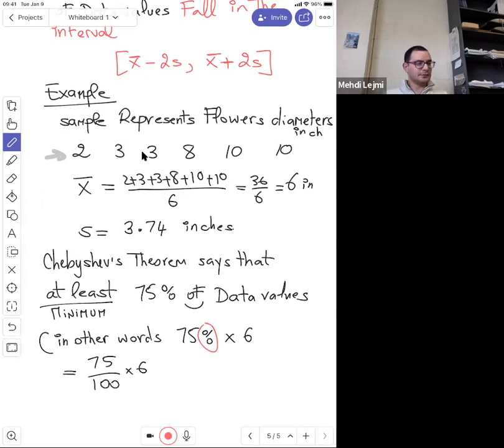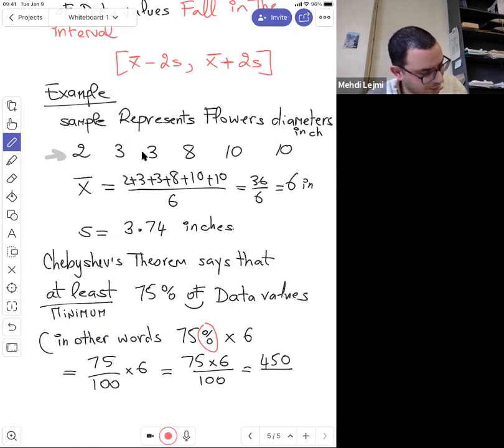So 75 times 6 over 100. 75 times 6 will be 450 over 100, so that's 4.5.